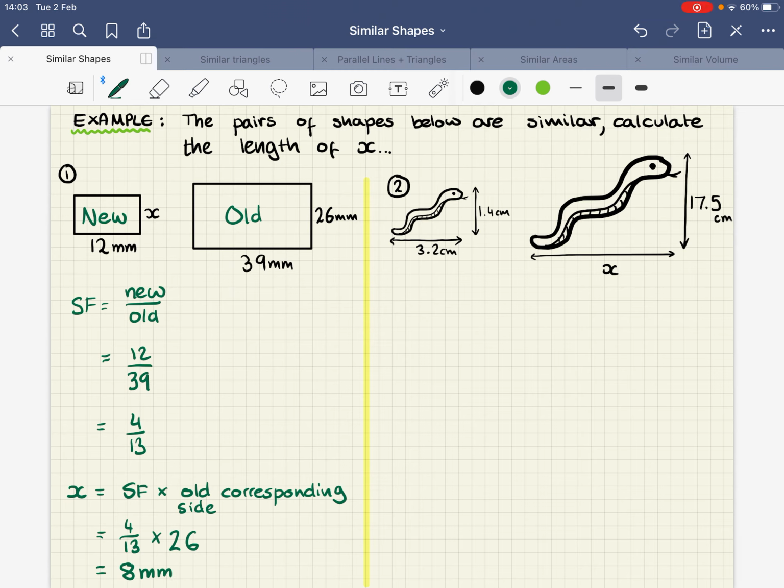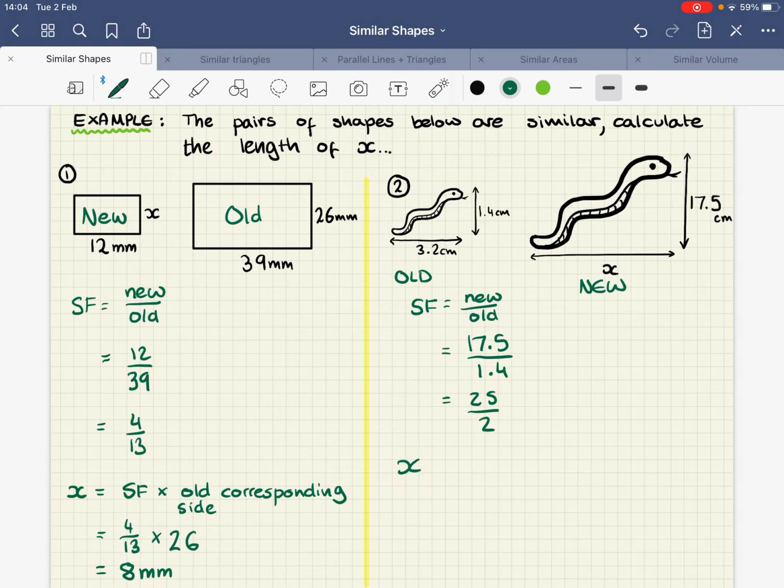Okay, so let's take a look at this next one here. So again, wherever my x is, or wherever my unknown is, that's my new. So that's my old. So using my scale factor of new over old, I look at the corresponding sides I know the information for. So that's this 1.4 and the 17.5. So that's going to be 17.5 over 1.4. Whichever way, I put it in the calculator for it to simplify, it comes out to 25 over 3.2.